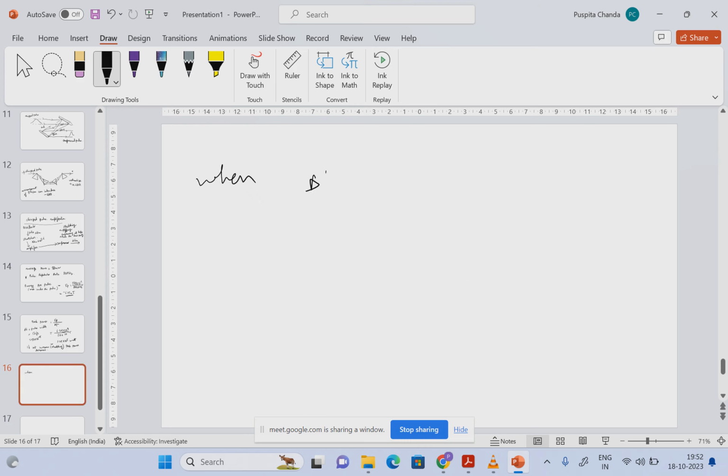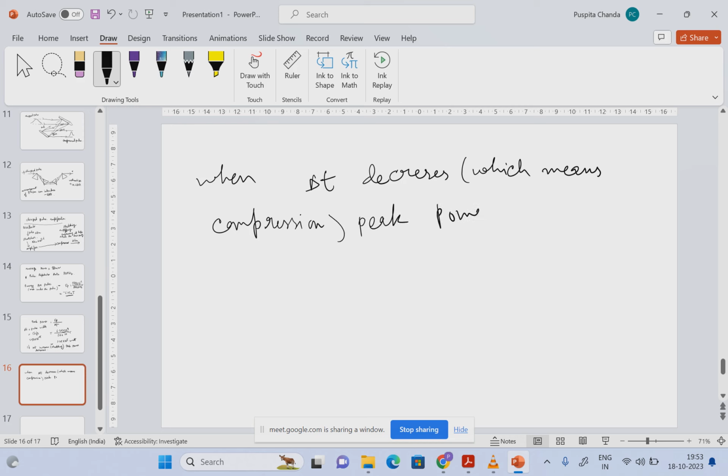And when delta T decreases, which means compression, peak power increases. Right?